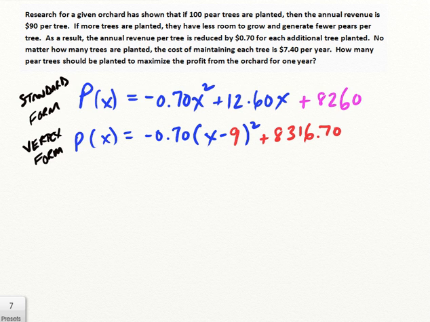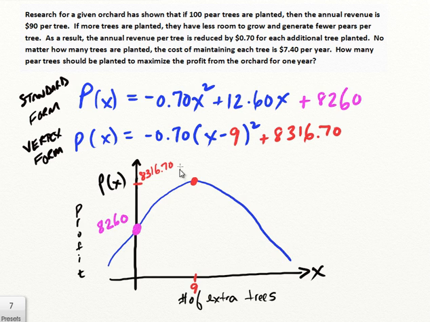Graphically, here's what this does. So if this was the plot, and this is just a quick little sketch, but if this was the plot of the profit equation, we can see a couple of things happening here. We can see that the standard form equation gave us the y-intercept.